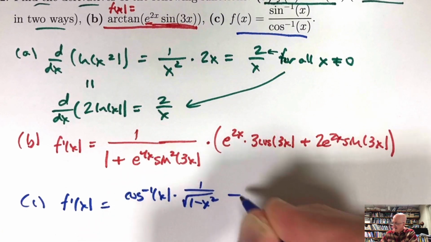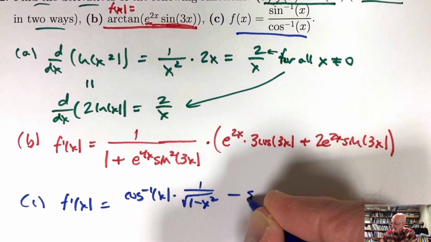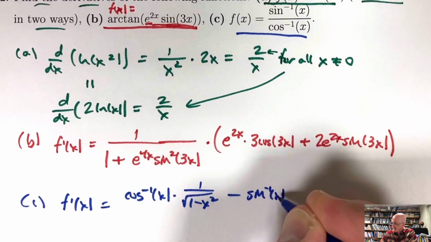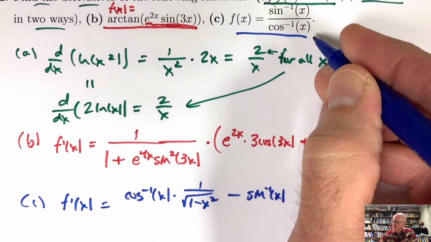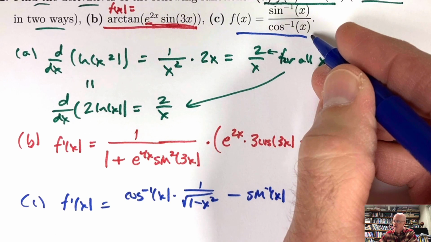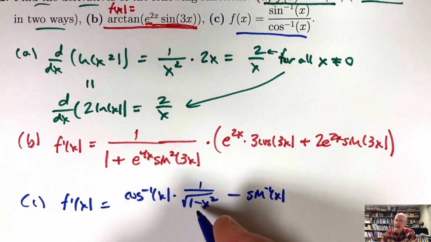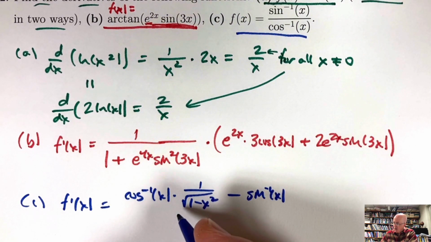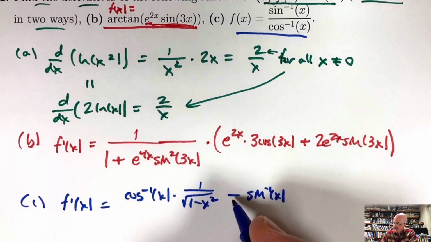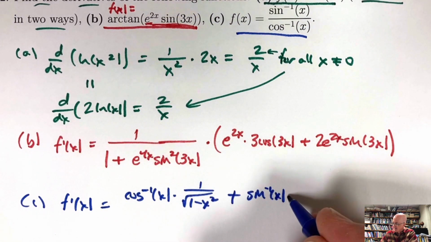Low d high minus high, inverse sine of x. D low means the derivative of the lower function. The derivative of inverse cosine of x, we also just saw, is this thing with a negative sign in front. So since we get an extra negative there, that cancels with this negative to give a plus.